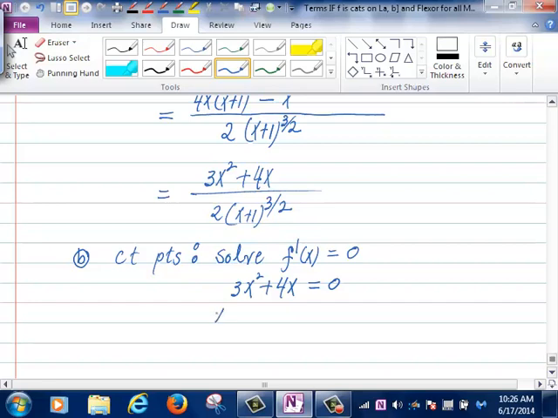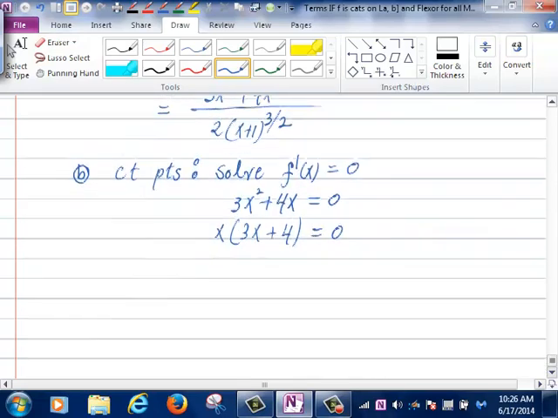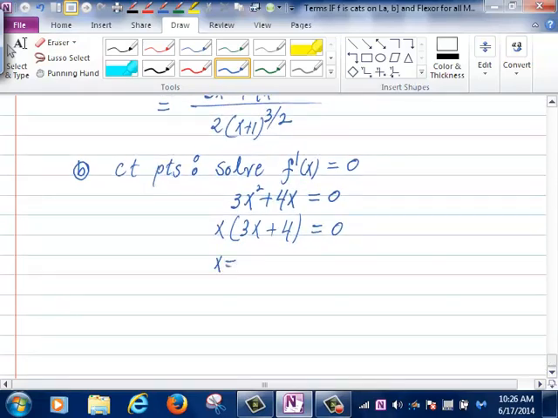And if I factor out x, I get 3x plus 4, so that's going to be 0. Okay, so then I get x is 0, or x is negative 4/3, isn't it? You guys agree with that? If you set 3x plus 4 to 0, then you get 3x to be negative 4, and then x would be negative 4/3.